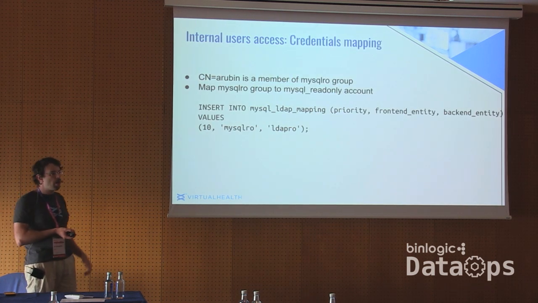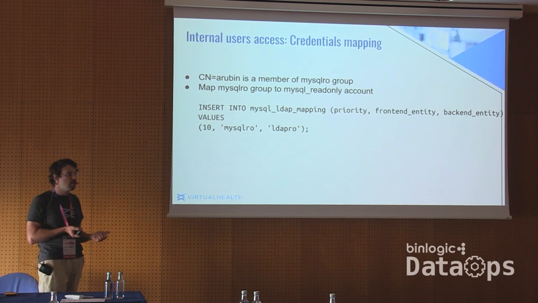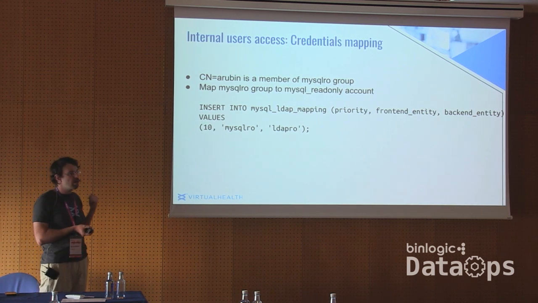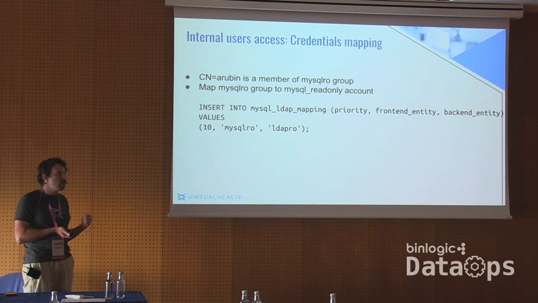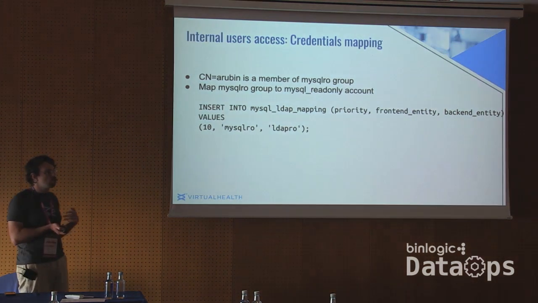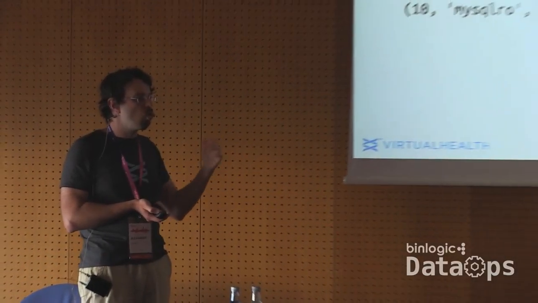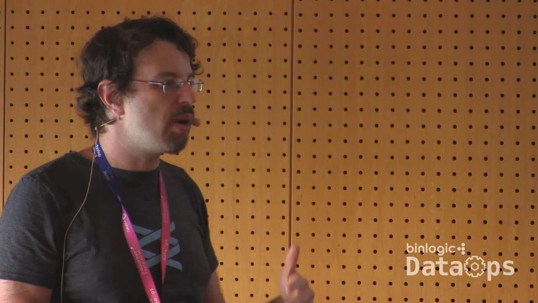So now, how do I match? Well, I can use the LDAP mapping. LDAP supports groups. So what I want to do is, for all of our users, I want to assign a group, let's say the MySQL read-only group. So then that will be my access path.